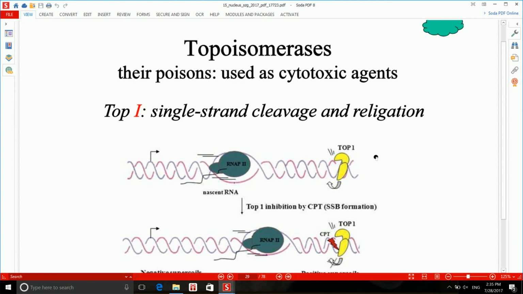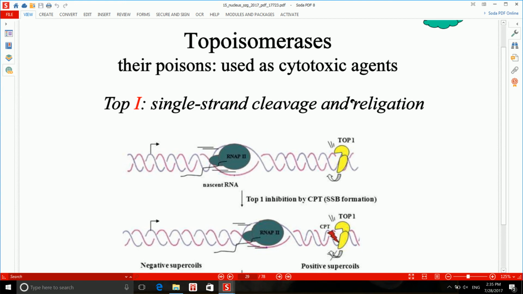Now it's a good time to talk about topoisomerase enzymes. You probably by now know the basics of transcription or replication because you had genetics and studied them in detail there. You don't need to know them in that detail in cell biology.